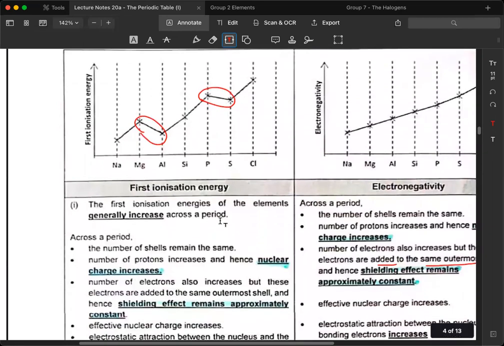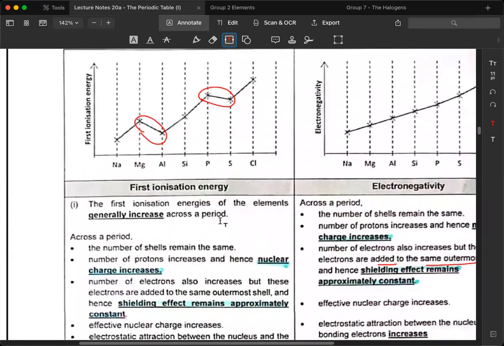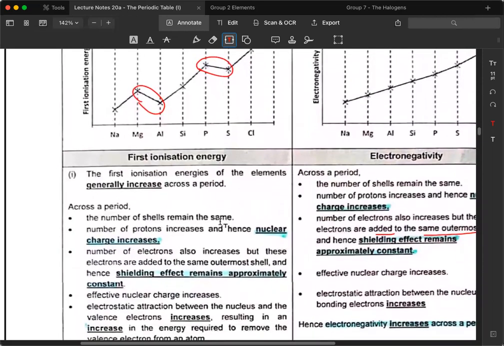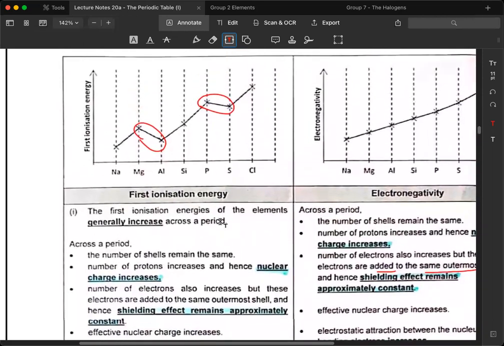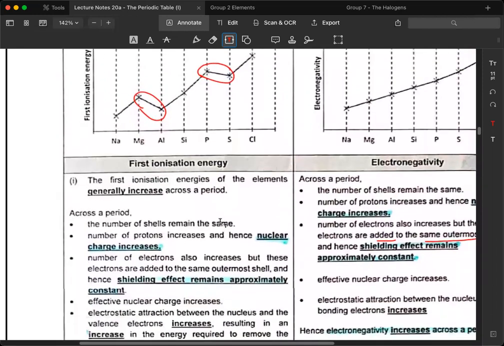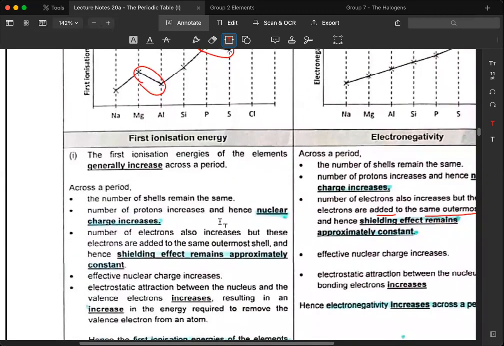Now, if you look at the first IE, the trend has been discussed in the topic of atomic structure, so I will just quickly run through it as a form of revision. First IE of elements in general increases across a period. Same reasoning as above: with the number of shells remaining the same, the number of protons increases and increases the nuclear charge.